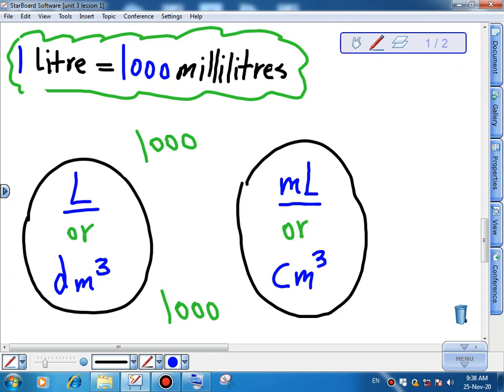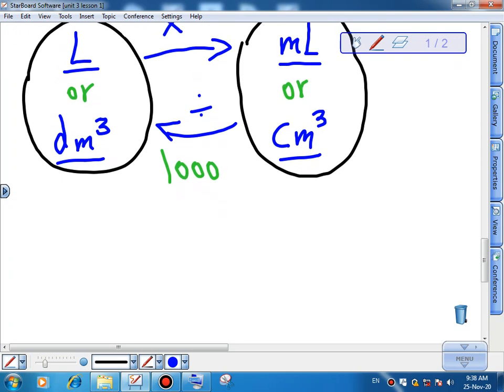We will multiply by 1000. But if I need to convert from milliliter to liter, we divide by the same number, 1000. Okay? And as we said, liter means 1 decimeter cube, and milliliter equals 1 centimeter cube. So we have liter and milliliter, only 2 units in capacity.